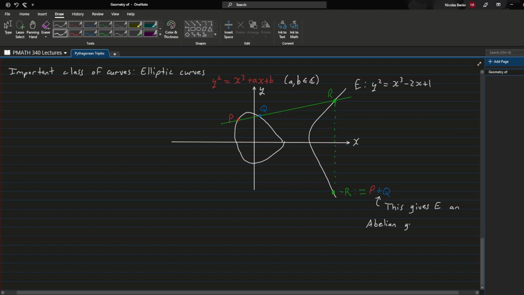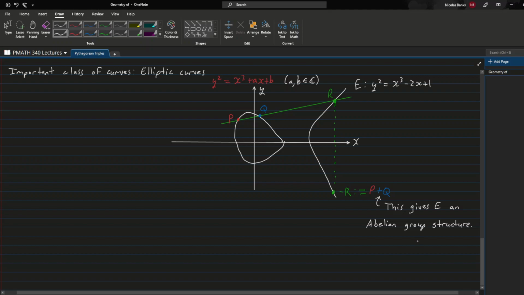I'm assuming you've at least come across that definition before. Perhaps you learned about vector spaces, it came up, but just to remind you, that means that this operation has an identity element. Actually, the identity is what's called the point at infinity. It's kind of a wacky thing to think about, but it is there.